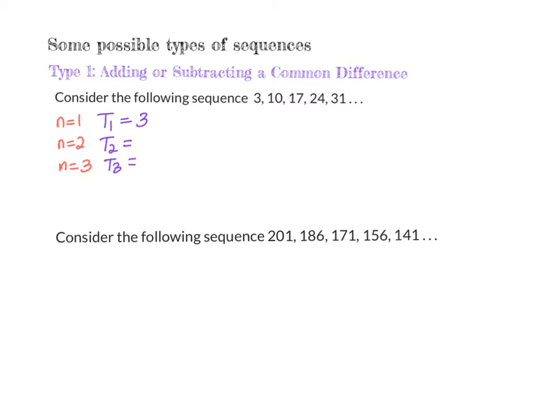What do you think is the pattern? From 3, how do we get to the number 10? We can add 7. And then from 10, we are still going to add 7 to get 17. And then another 7 to get 24. And 7 to get 31, and so on and so forth.